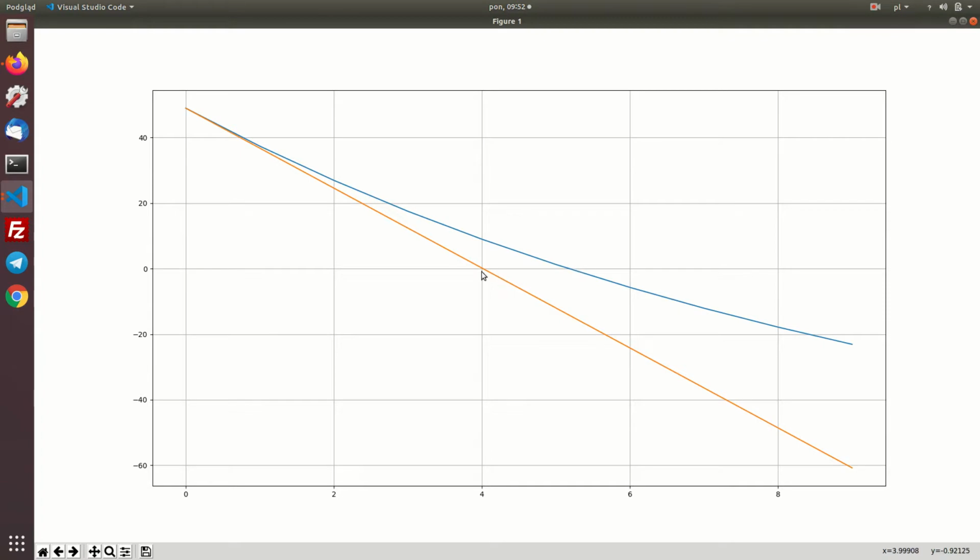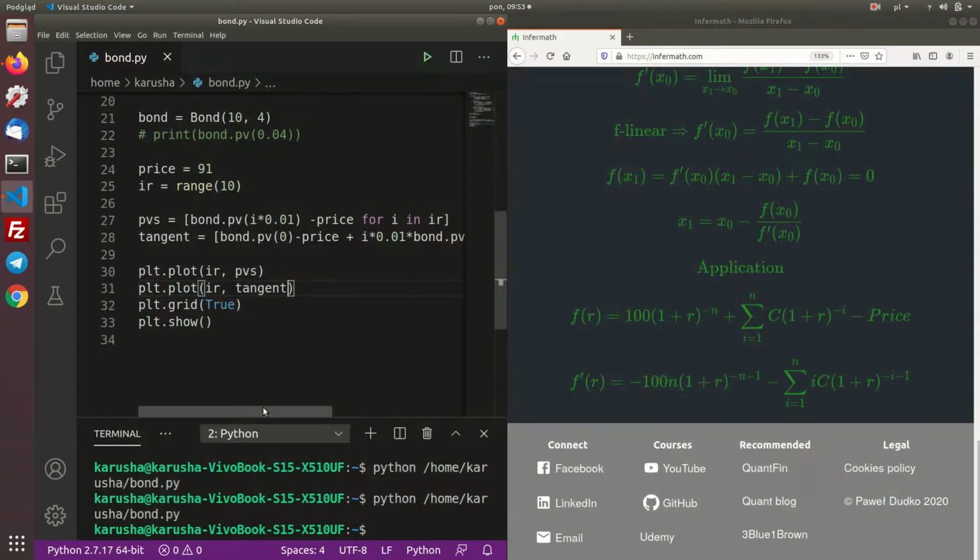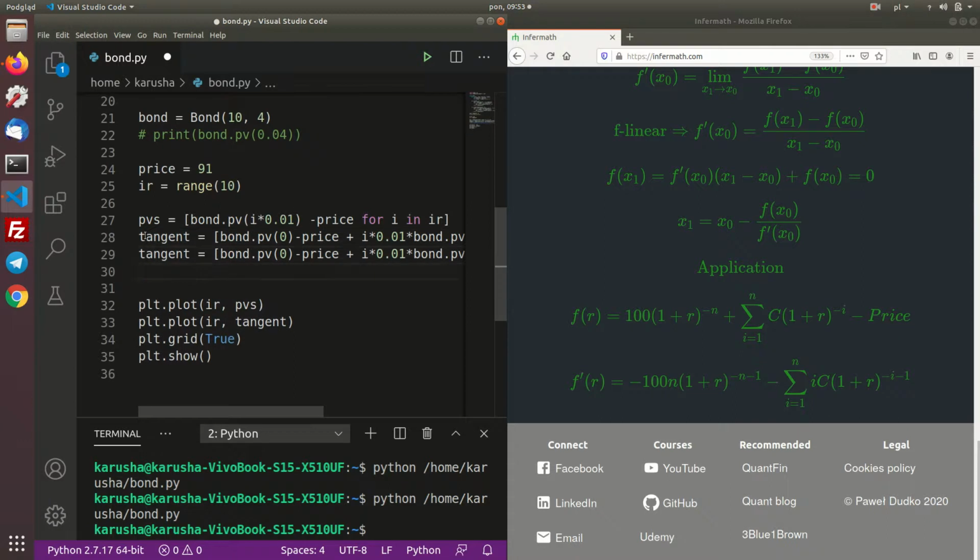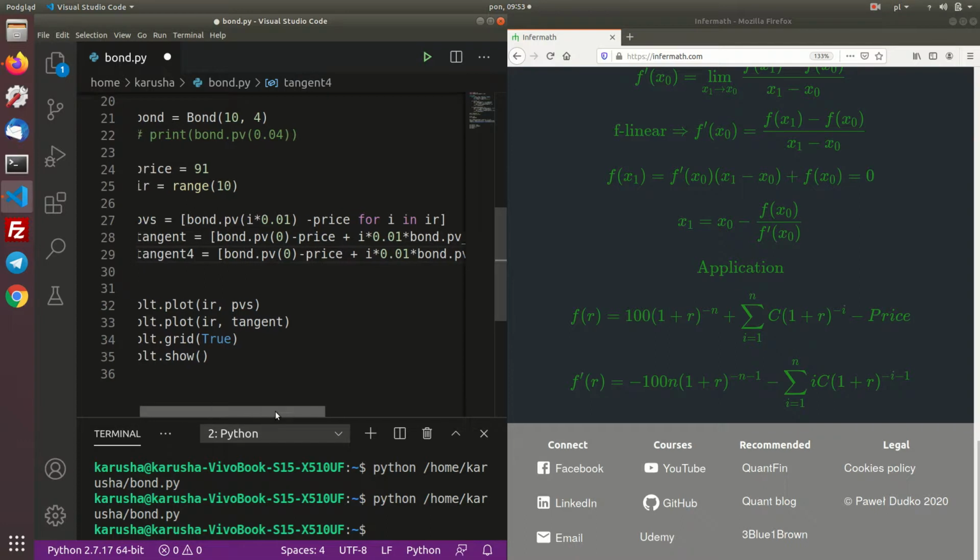So what we can do now is repeat this procedure. We can take a starting point somewhere near 4, check what the tangent line is here, and see where this will get us. So let's try to do this. Let's create another tangent line. Let's call it tangent 4, because this will be the tangent at point 4.